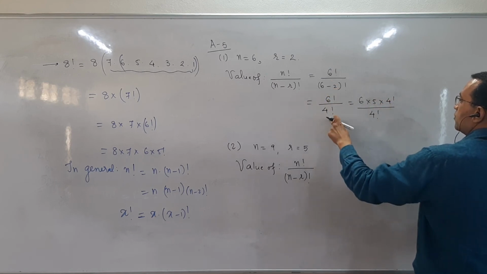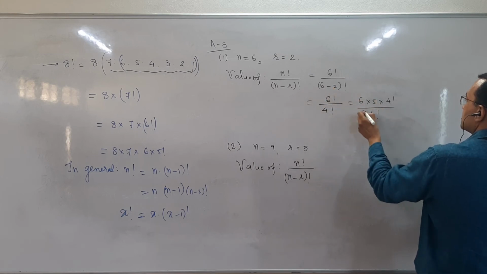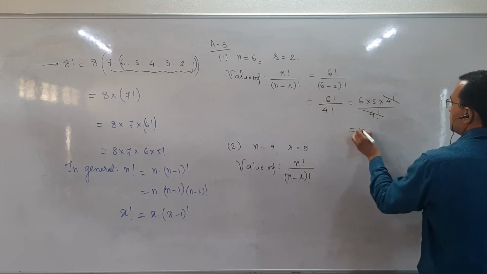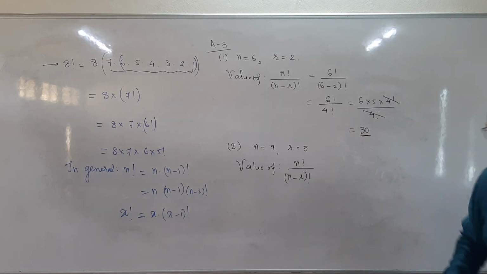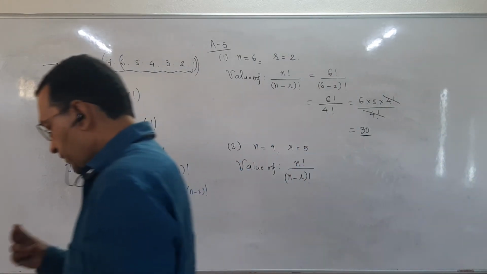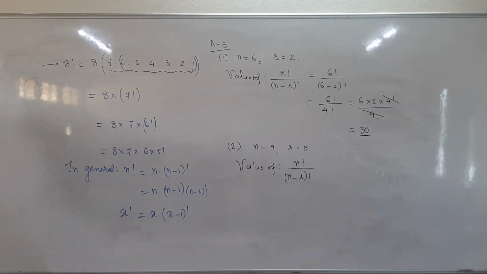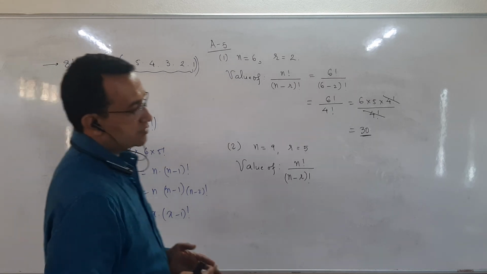Out of 6 and 4, 6 is greater, so reducing 6 by 2, we get 6 into 5. So this 30 is your answer. Even if you do it directly, 6 factorial is 720 and 4 factorial is 24, and then you divide, your answer will also be 30.